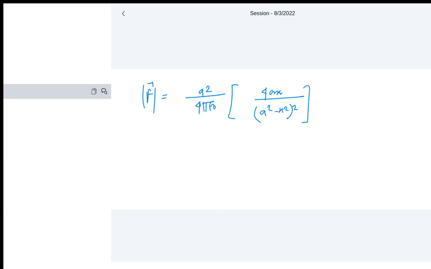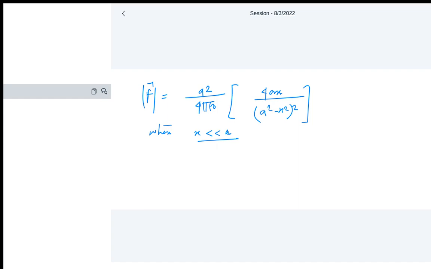Now we apply an approximation. As the displacement of this charged particle is very small, x is very small compared to a, the distance of the charges at points A and B from the origin.